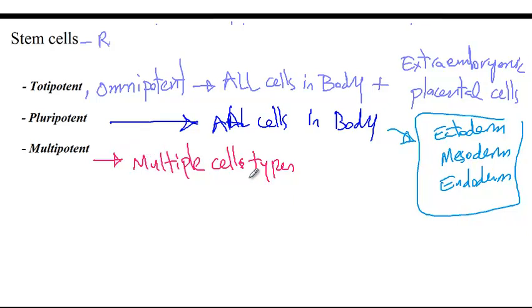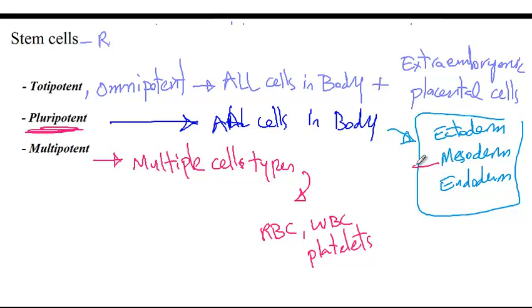For instance, hematopoietic stem cells can give rise to red blood cells, white blood cells, and platelets. But they can't give rise to brain cells or heart muscle cells, versus pluripotent cells, which can give rise to heart muscles or skeletal muscles via the mesoderm.